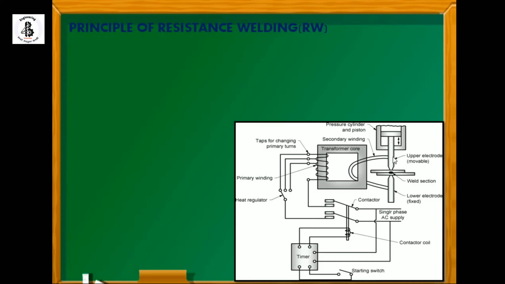In between these two electrodes, the weld material, or sheet metals, is placed. So what happens? In the resistance welding process, you place plate number 1 in an overlapping condition with plate number 2, between the fixed electrode and the movable electrode. According to the thickness of the sheet metals, there will be a distance.